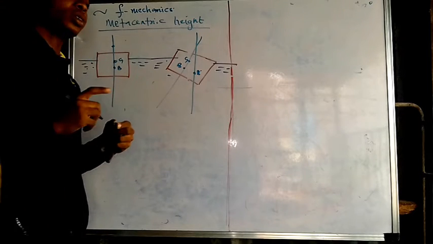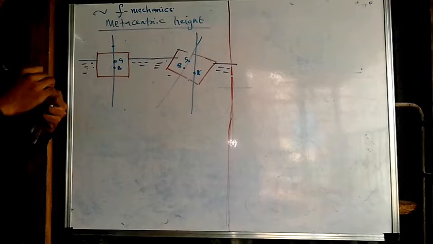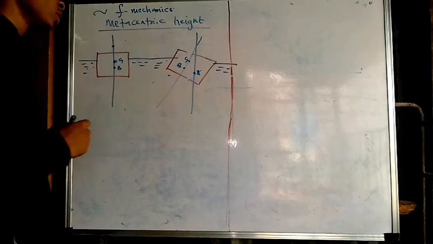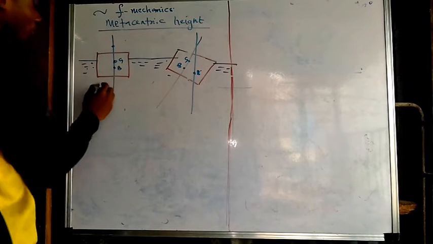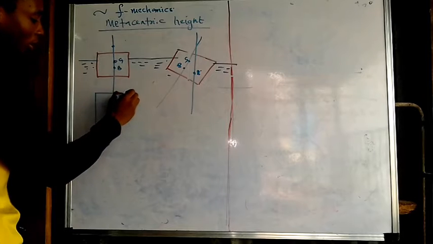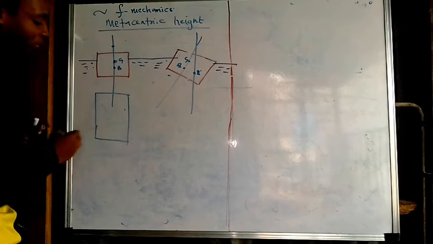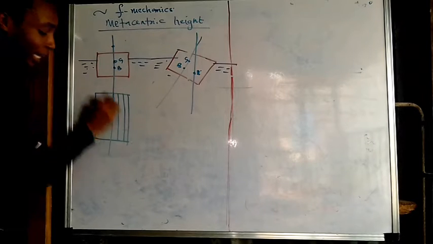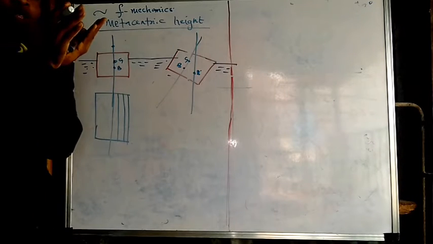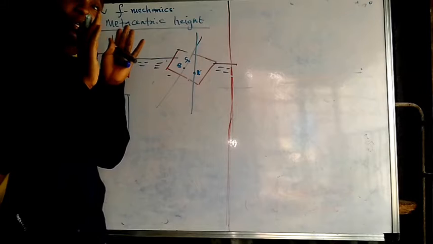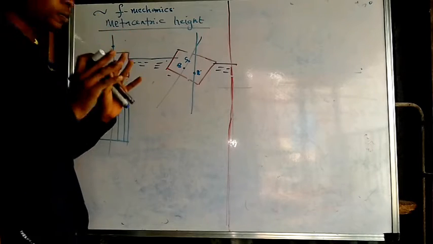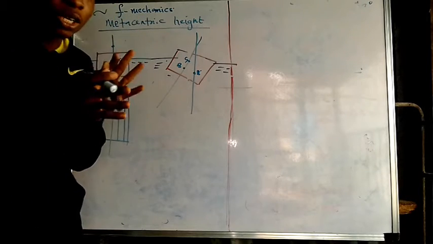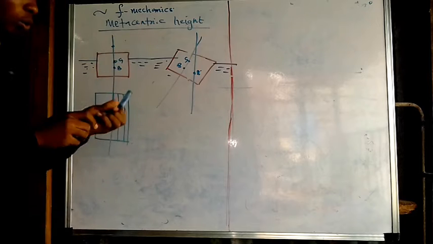Now, for us to get the formula, let's assume a strip. What do I mean by a strip? For example, let's assume a cylinder and consider a tiny strip of it, a small portion of the cylinder, so that we can get the formula for buoyancy.